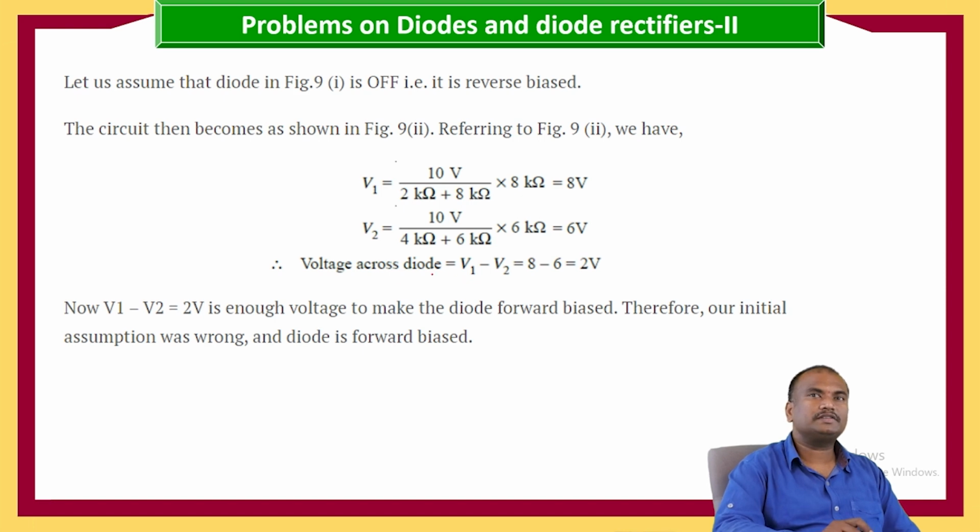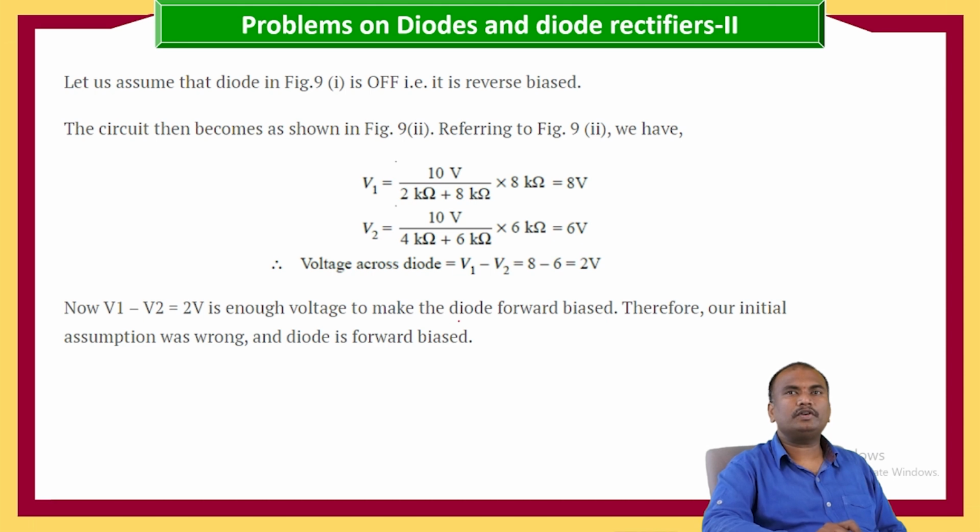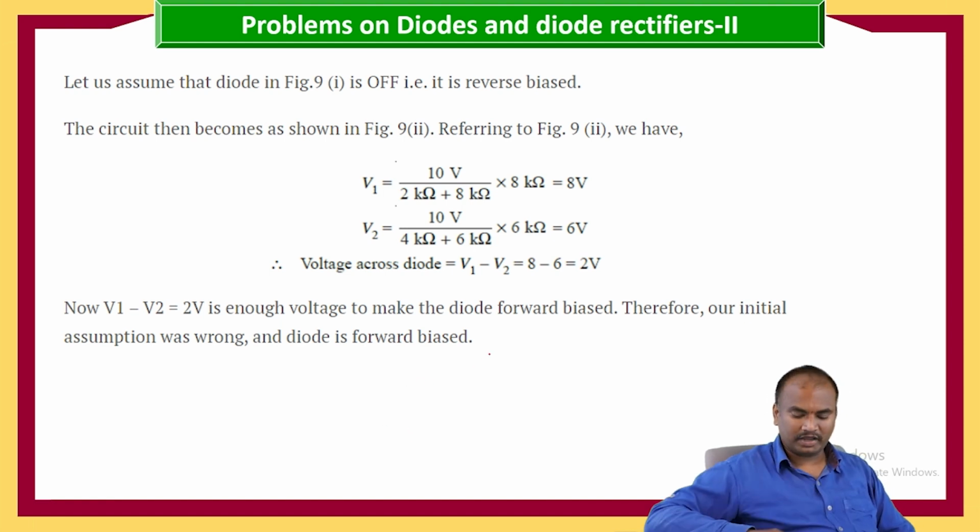Now the voltage across the diode is equal to V1 minus V2, that is 2 volts, which is enough voltage to make the diode forward biased. Therefore, our initial assumption was wrong and the diode is forward biased.